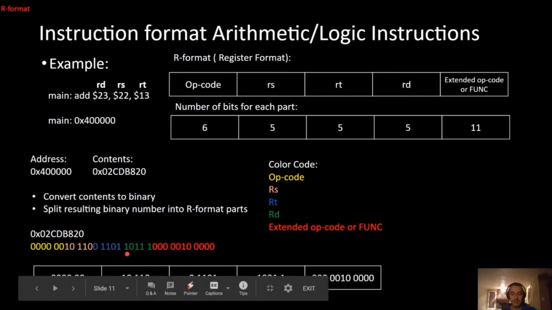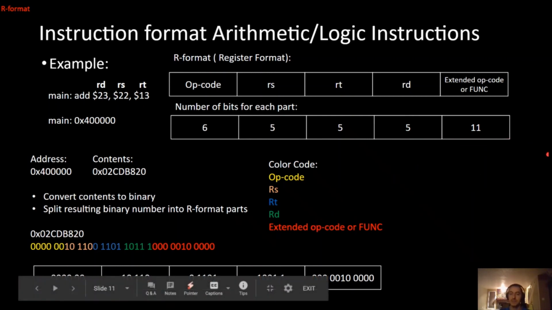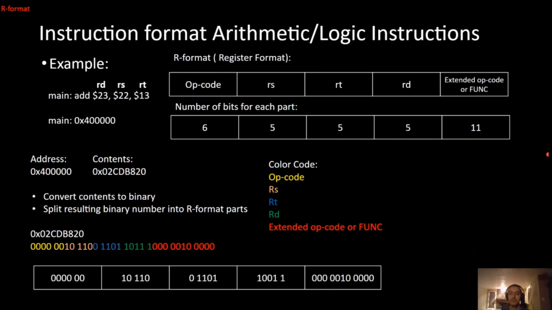It's this blue one, and that is 8 plus 4, which is 12, plus 1, which is 13. It's a bit time consuming to convert these, but that is the exact process of assembly, and that is the only way that the CPU can understand all these instructions and know how to run them.